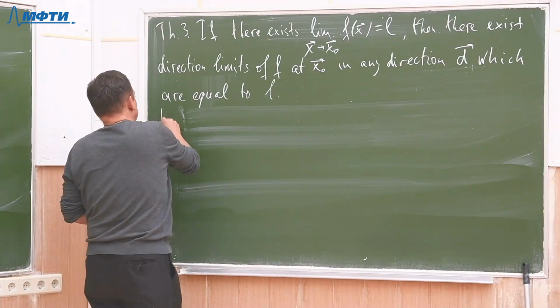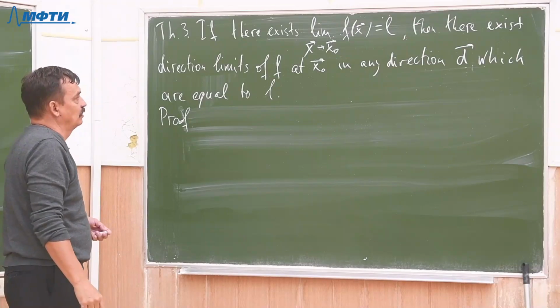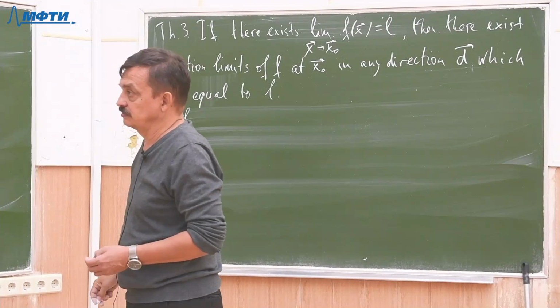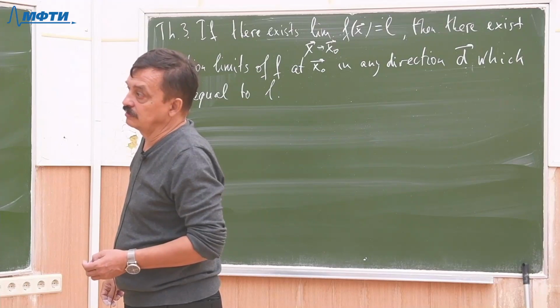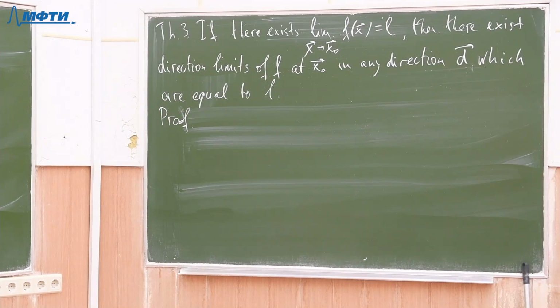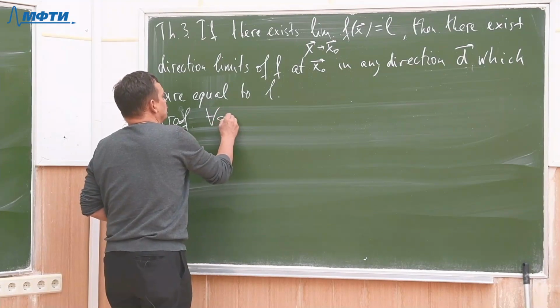So the proof is immediate. Look, if we know there exists a limit, I can write what it means.